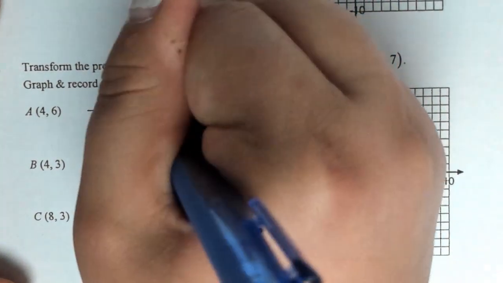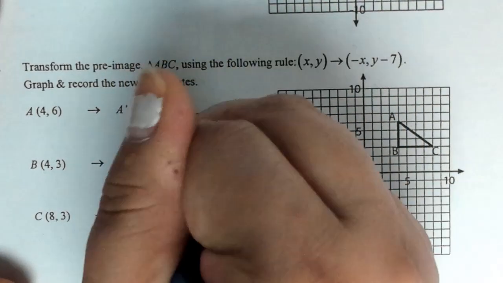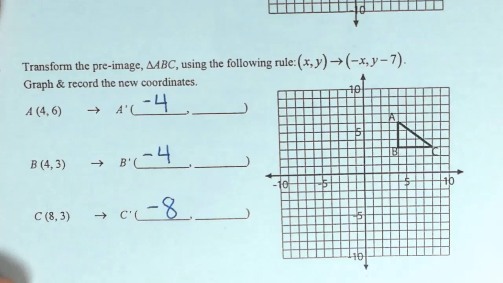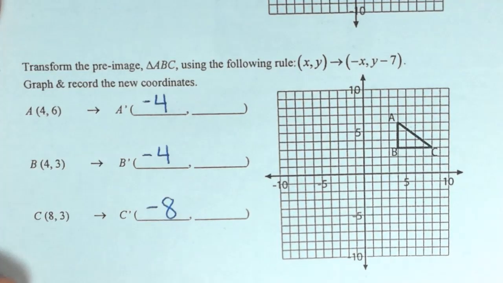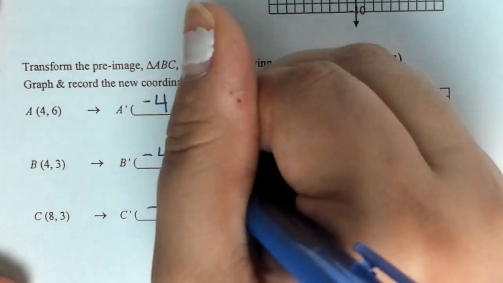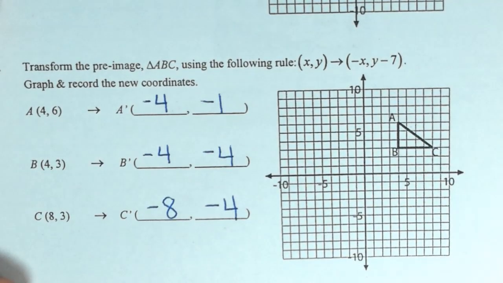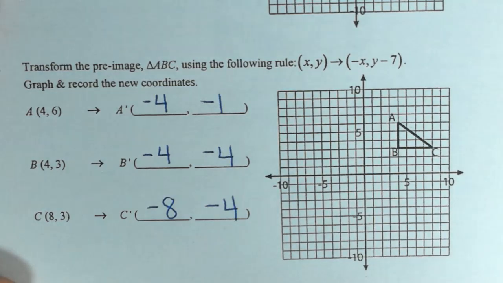So I'm just going to flip the sign on all my X's. What does it say to do to my Y's? Subtract 7. So you can just subtract 7 from all of them. Graph and record the new coordinates. That is one way to do this.